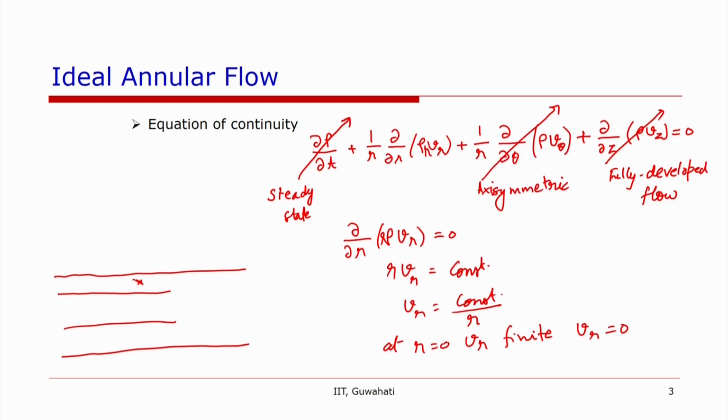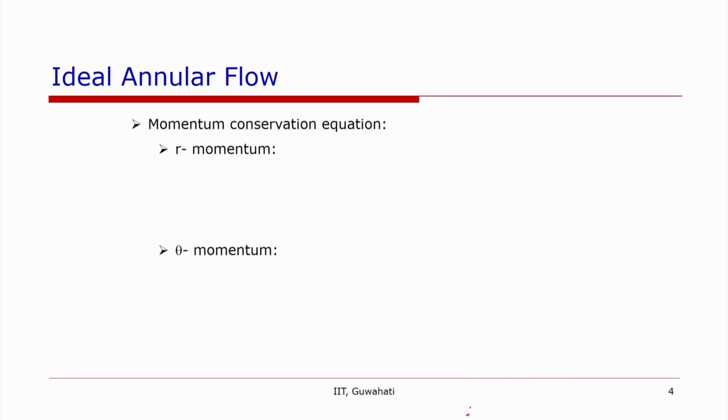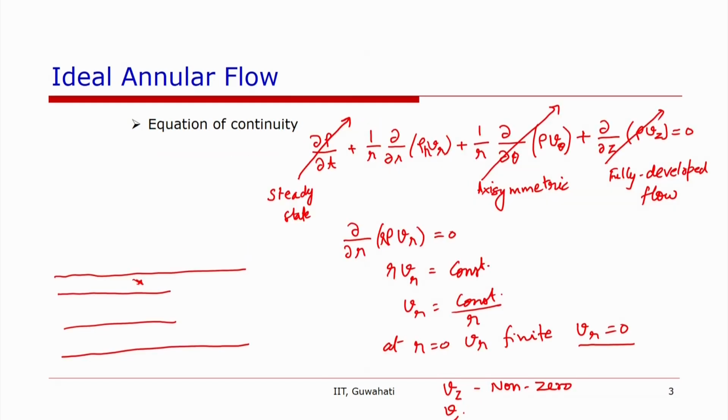Because we do not have any such accelerational flow, the radial component of velocity will be 0. So the only non-zero component of velocity is Vz, and Vr and V theta are 0.